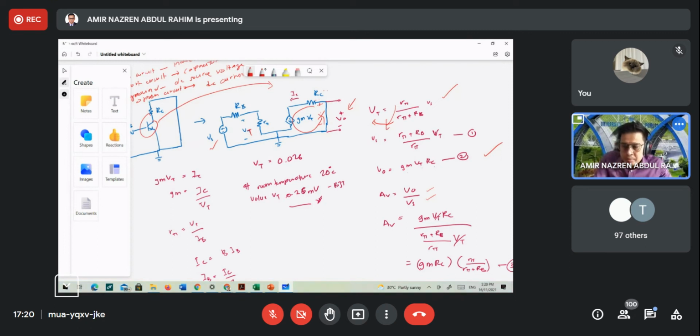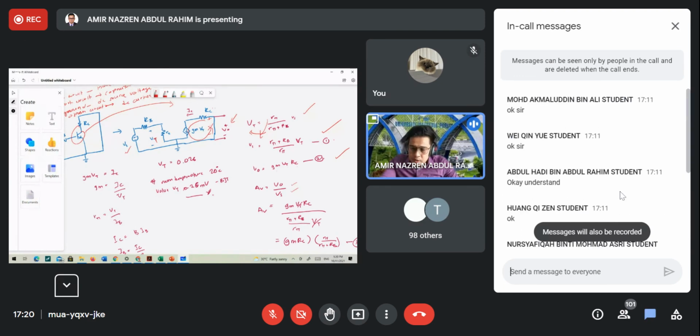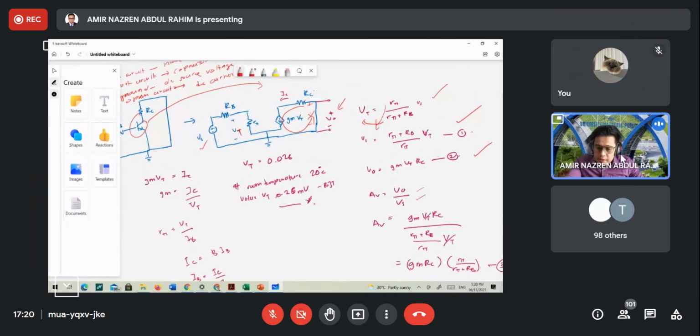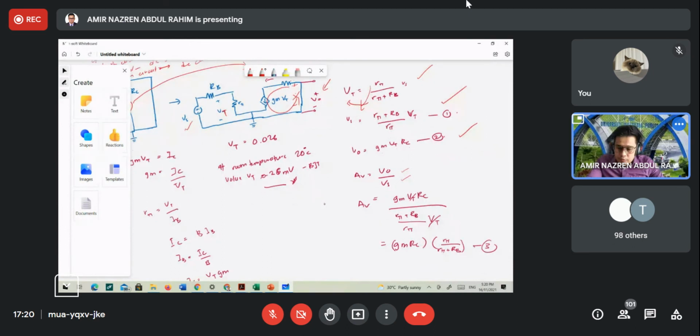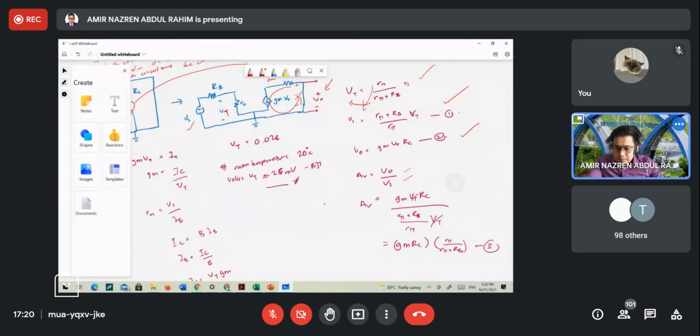So we got R pi plus RB over R pi times VT. This is our formula to get the Vs.